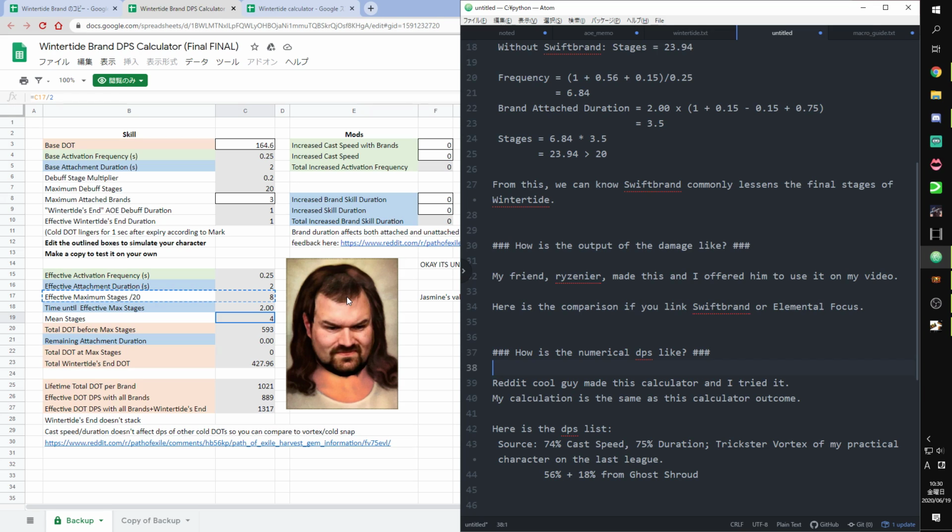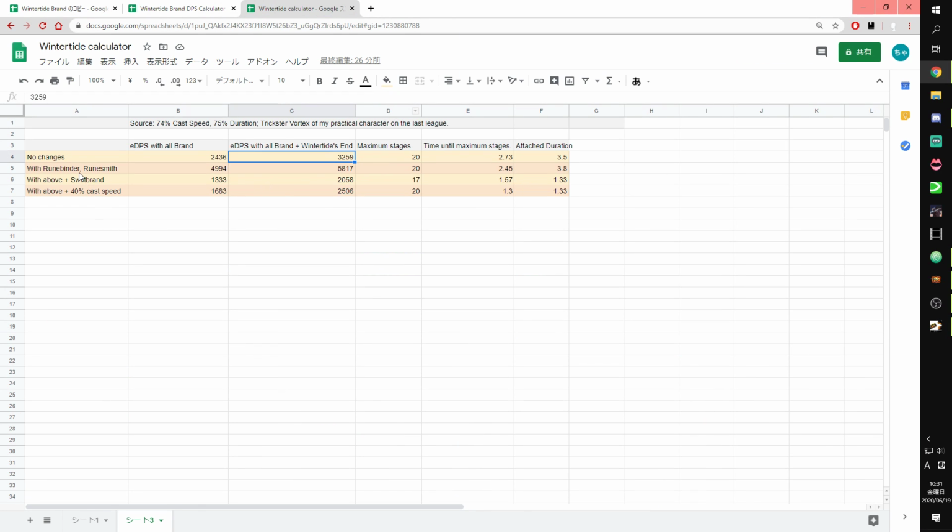In some settings, I calculated lifetime total effective damage over time DPS with all brands, and effective damage over time DPS with all brands plus Wintertide. I calculated with 4 settings, 4 presets.